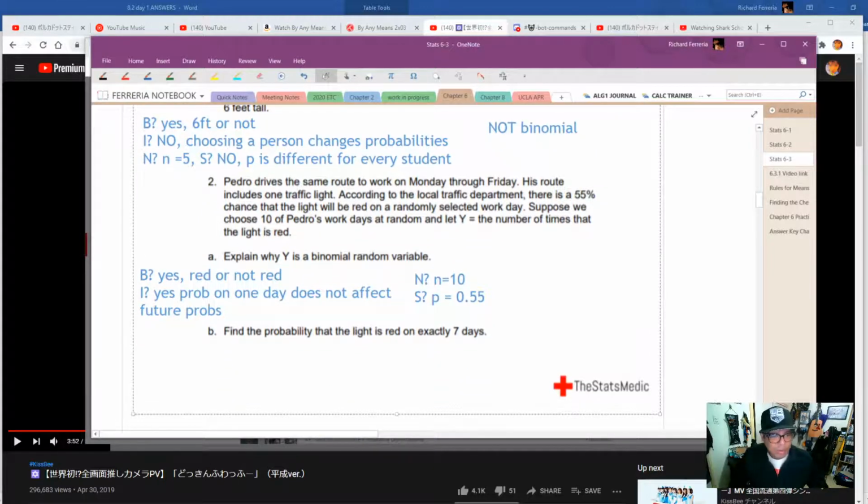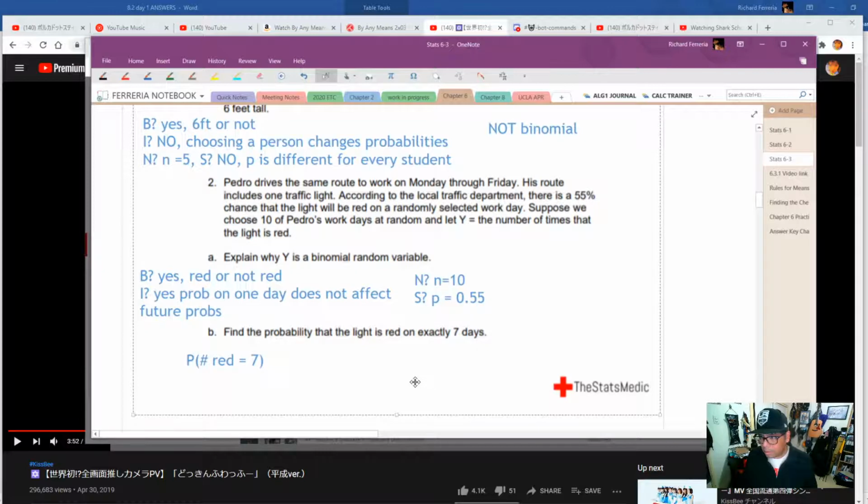So letter B is we're going to find the probability that the light is red on exactly 7 days. Notation-wise, we want to say the probability P that the number of red lights is equal to 7. The next thing you're writing here is 10 choose 7. So always the bigger number first, 10 choose 7.